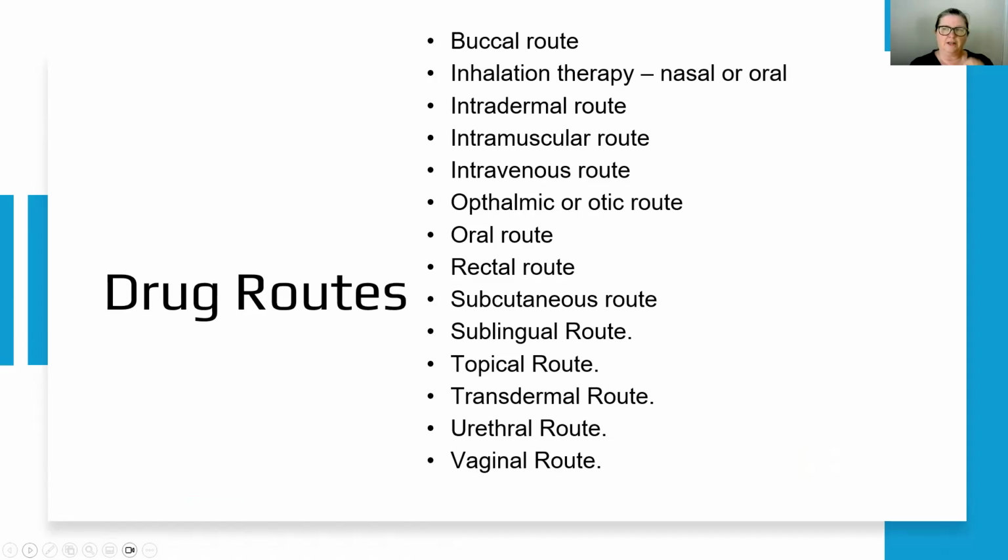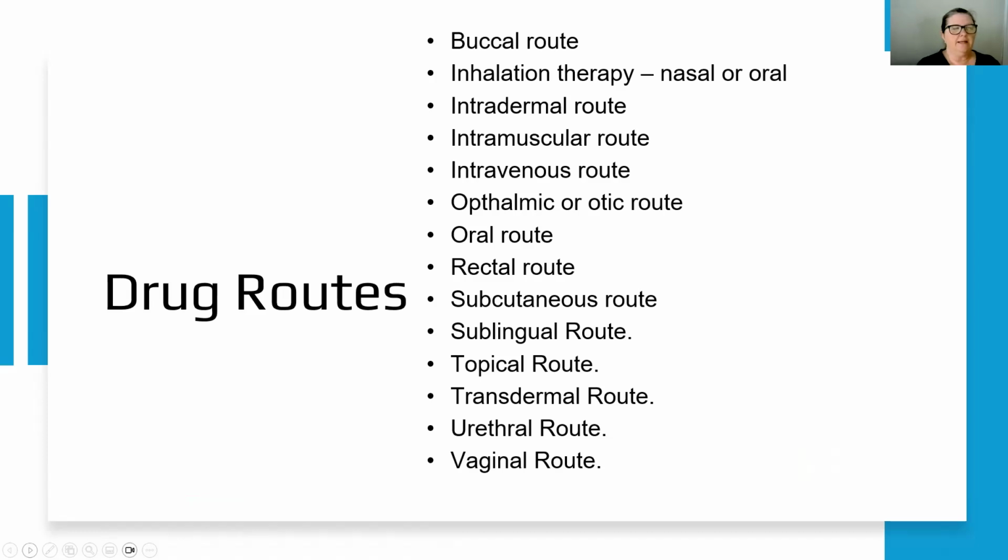So nasal being like a nose spray, oral being like a nebulizer or an asthma inhaler. There's the intramuscular route. That is an injected medication directly into the muscle. There's the intravenous route. That is a medication that is given directly through an IV line that goes directly into the vein.